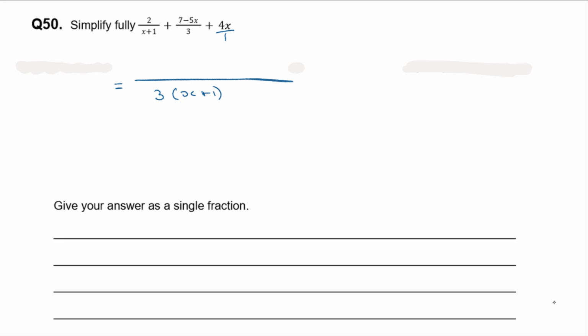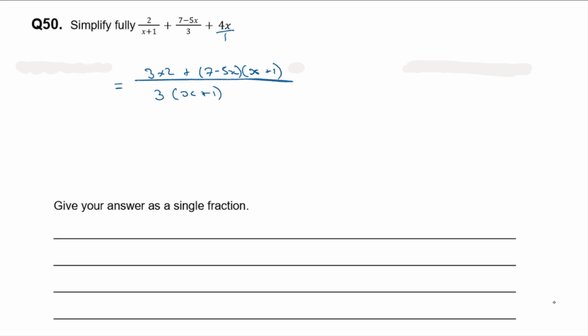Okay, so how many times does x plus 1 go into 3x plus 1? It goes in 3 times. So I'm going to have to multiply the 2 by 3. So 3 lots of 2. Plus 3 goes into 3 lots of x plus 1 times, so I'm going to do 7 minus 5x times x plus 1. Didn't come out very well. Let's just write that again.